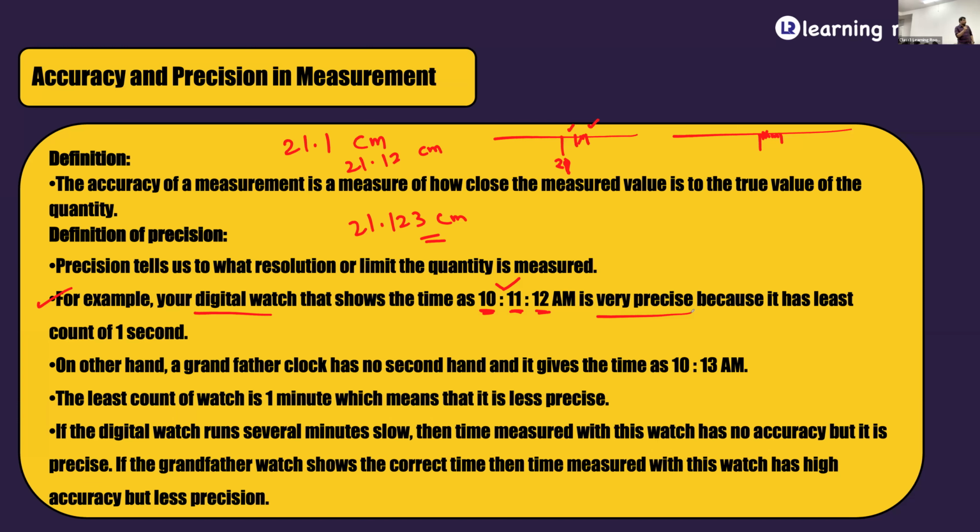It is very precise because of its least count. What is the least value it is able to tell me? The last one, that is seconds. If I give you a digital watch that can measure milliseconds as well, and ask you to compare the precision of both, the millisecond one will be more precise because its least count is a millisecond. So the lesser the value of the least count, the more precise the device.